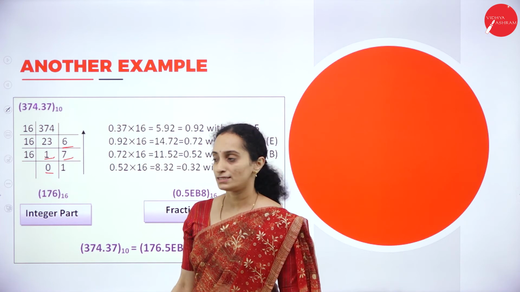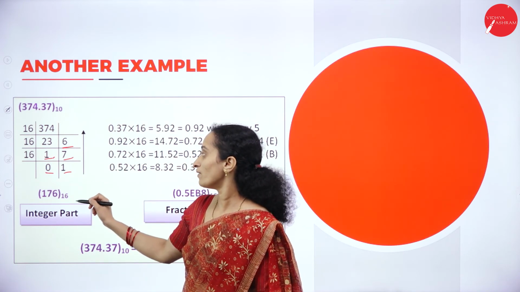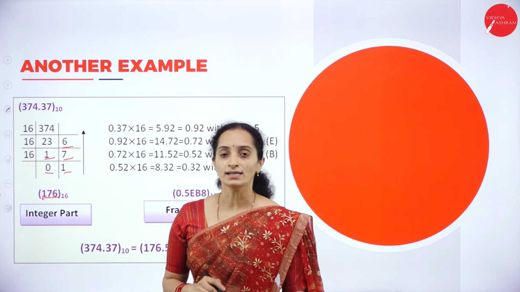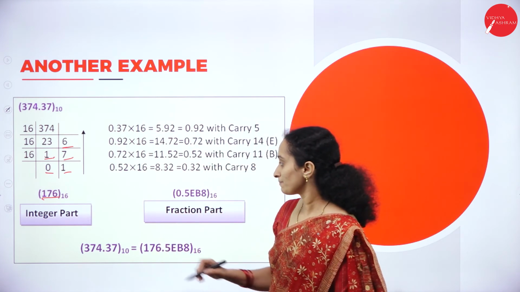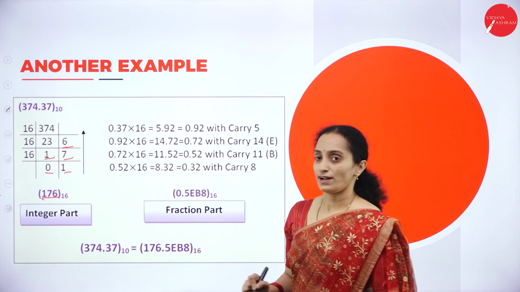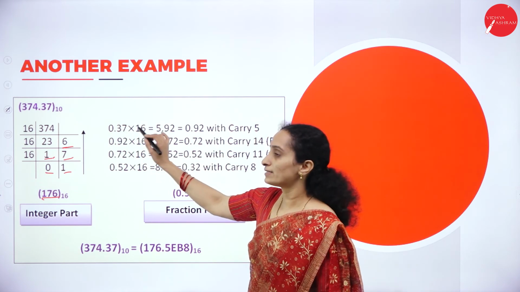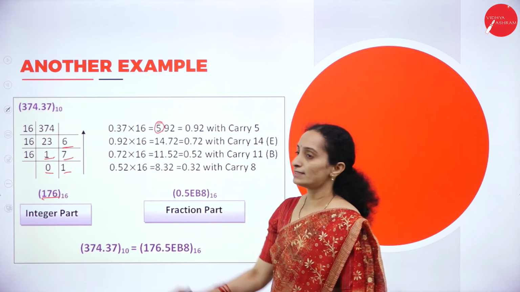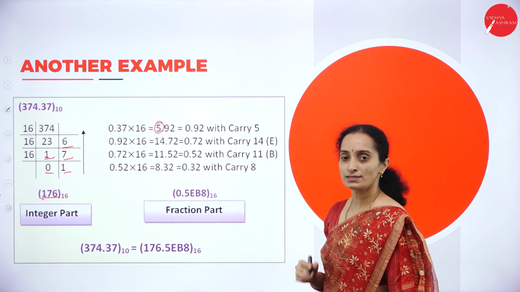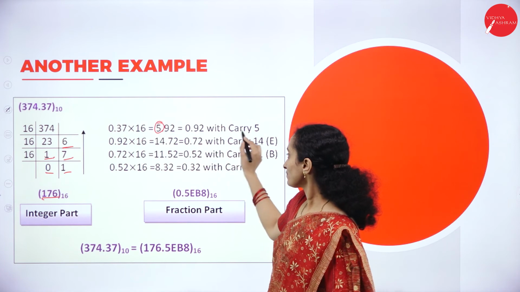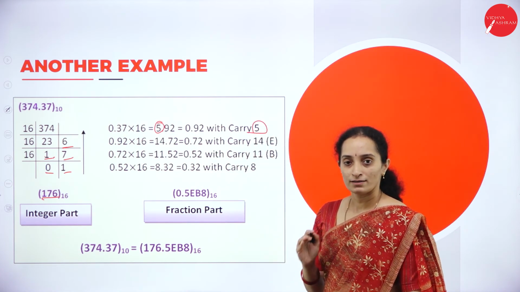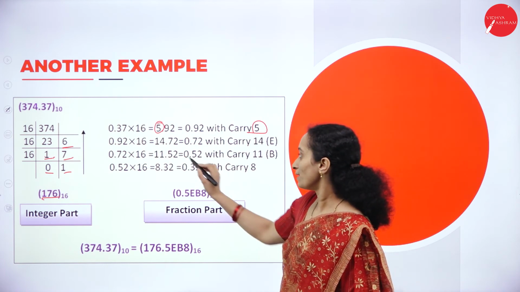Now we have 0. Remainder is 1. The integer part will be 176. When it comes to the fractional part, 0.37 into 16 will result in the value 5.92. This integer part will be considered for the first position after the decimal point.